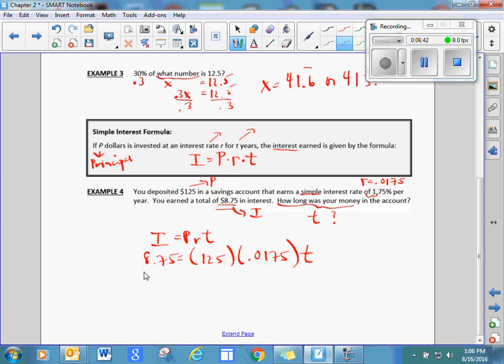So if you get your calculator going, you can simplify this, do the multiplication, and you get 2.1875T. Divide both sides by 2.1875.